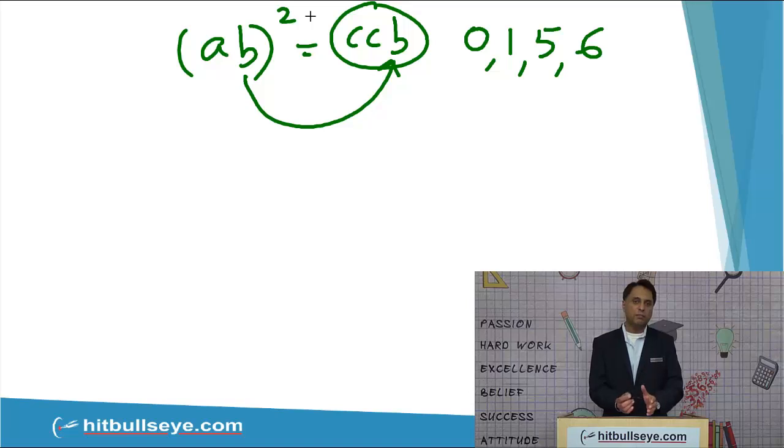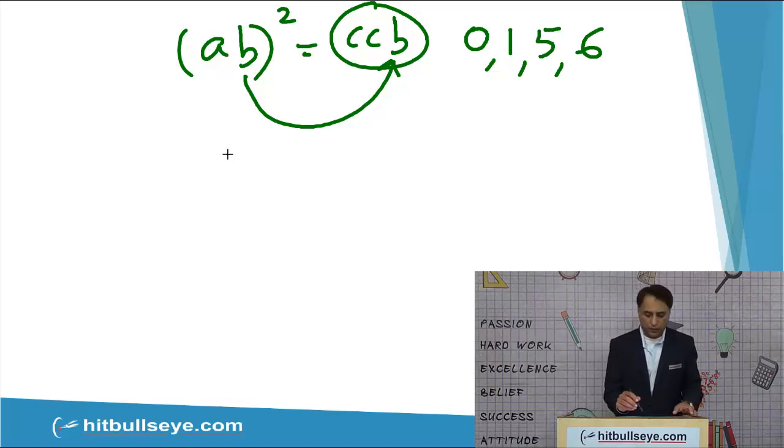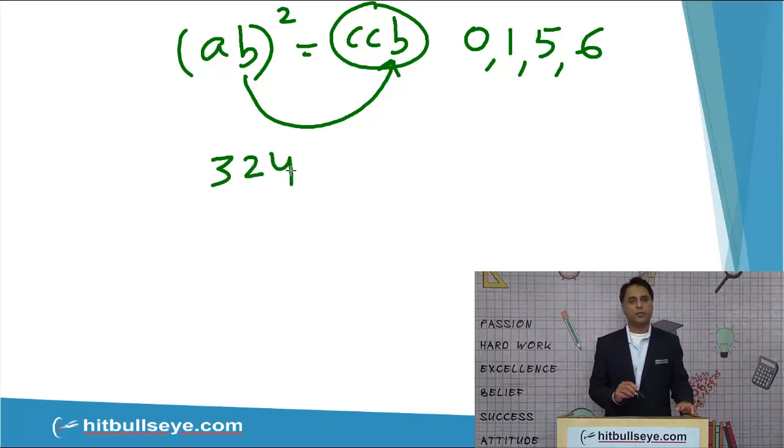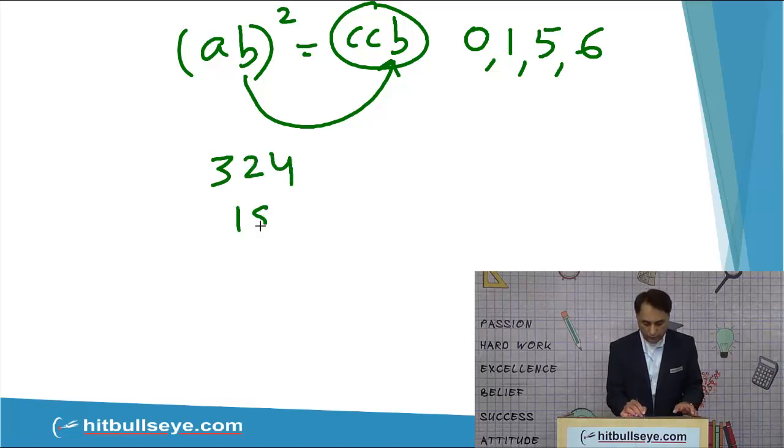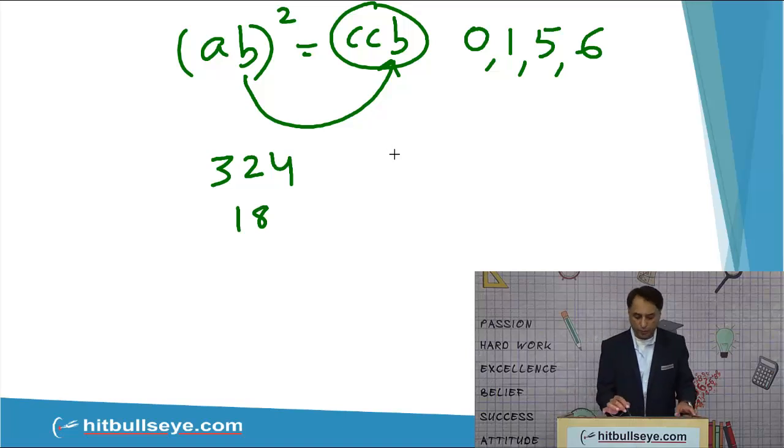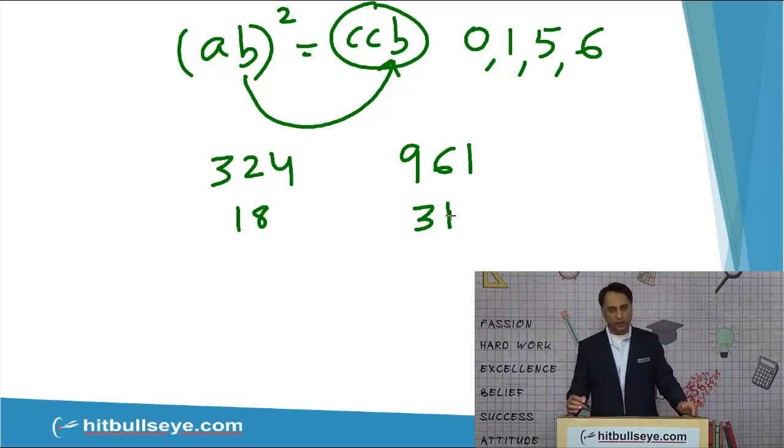Now we know that CCB is a perfect square and it's more than 300 and less than 1000. So the first such value is 324, which is a square of 18, because 17 square is less than 300. And the last such value is 961, which is the square of 31.